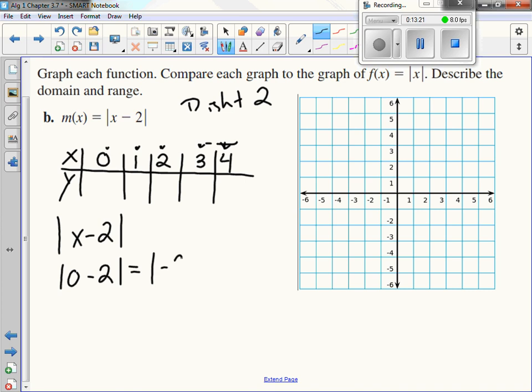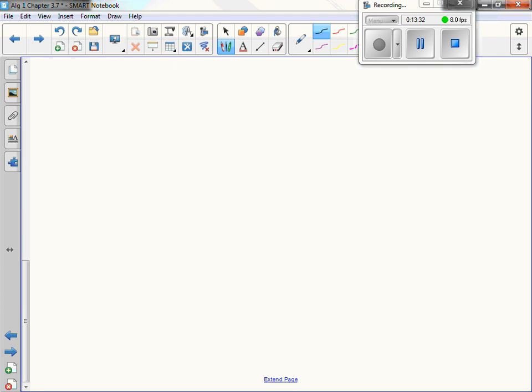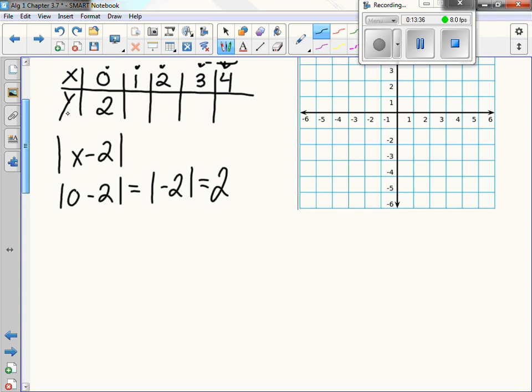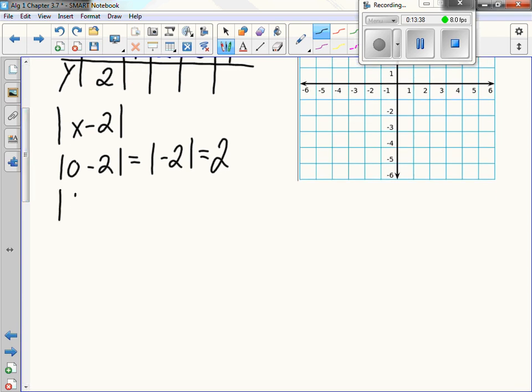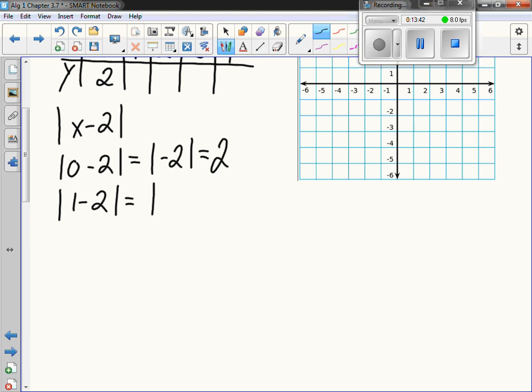It would be -2, and the absolute value of -2 is 2. Okay, our next one is going to be 1. We're going to do 1 minus 2. Well, 1 minus 2 is? Would be -1. And the absolute value of -1 is? 1.